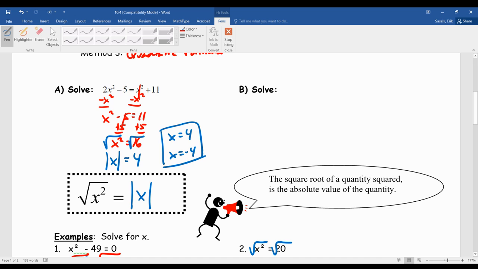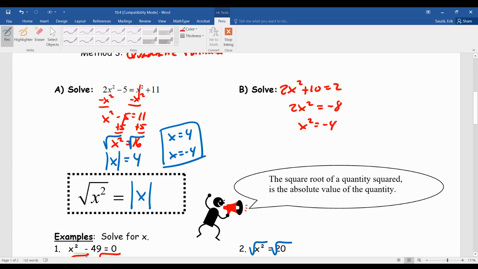So up here, this one that I skipped, I didn't have anything written there. I just want to show you a unique situation. If I had this as a problem, I would move the 10 over by subtracting, and that would become negative 8. Then if I divide by 2, I get negative 4.